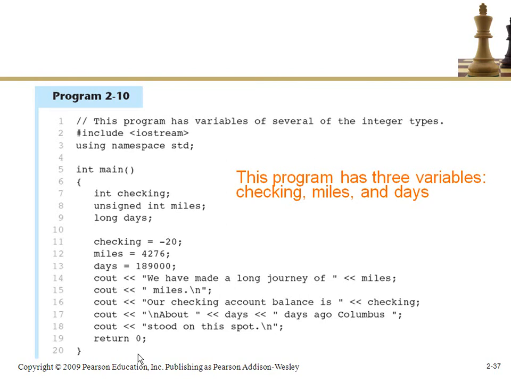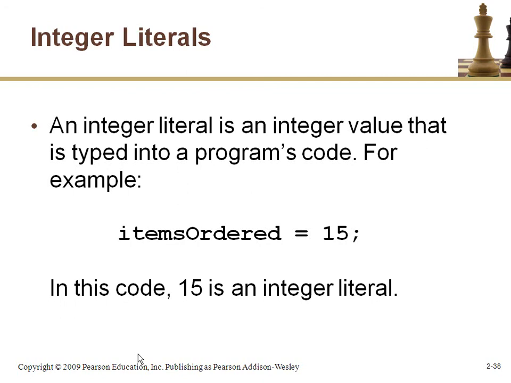Then we are outputting these variables in different statements. Let's look at the output of the result. Once you run the program, you'll see the output as it's shown also in your book.